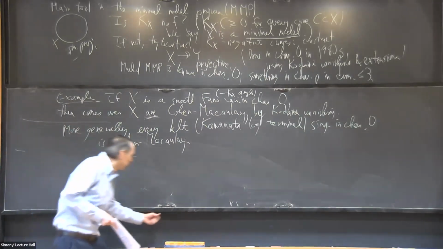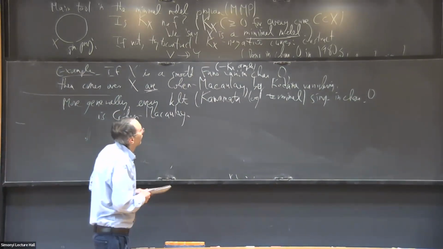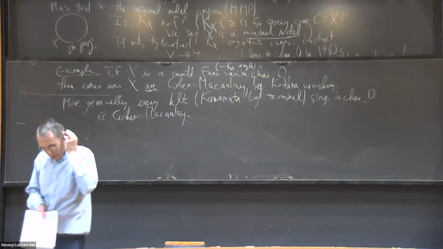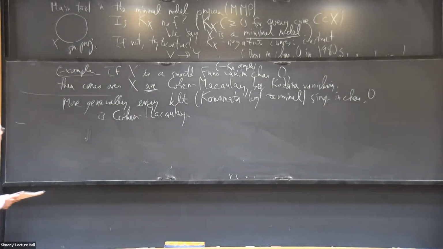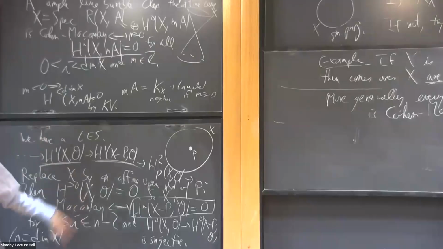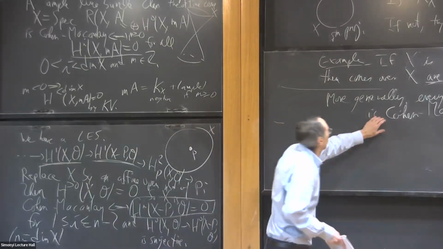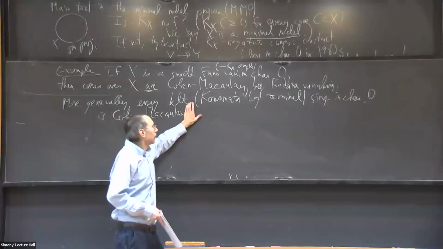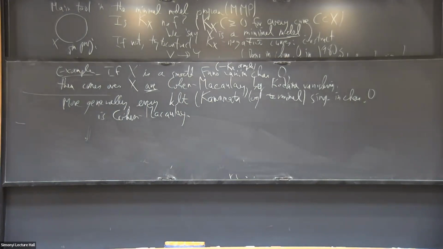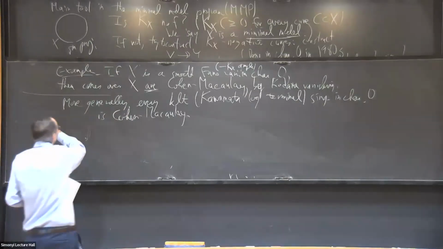And again, this is something which is just not going to be true in characteristic p. Oh, maybe that's not obvious though, because I mentioned that Kodaira vanishing is not true for varieties in general in characteristic p, but for this kind of question, because we're roughly looking at cones over Fano varieties, the relevant question is whether Kodaira vanishing holds for Fano varieties. But unfortunately, even that's not true. Okay.